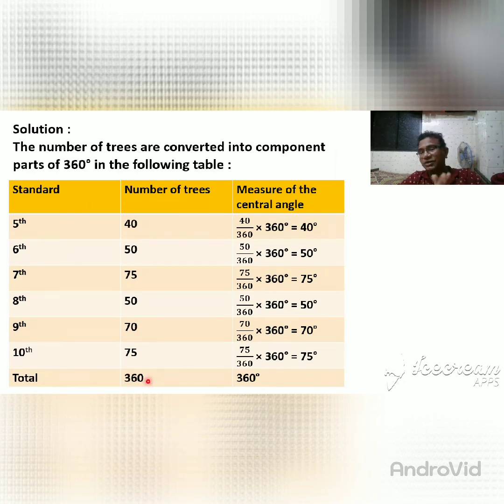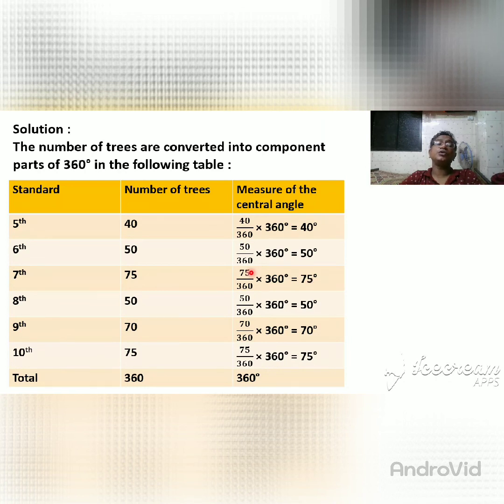When you get a total of 360, then this problem is very easy to solve. So how can you solve this problem? 40 upon 360 into 360. 360 ones are 360. What do you get? 40. Then 50 upon 360, 360 ones are 360, 50. 75 upon 360, 360 ones are 360, 75.